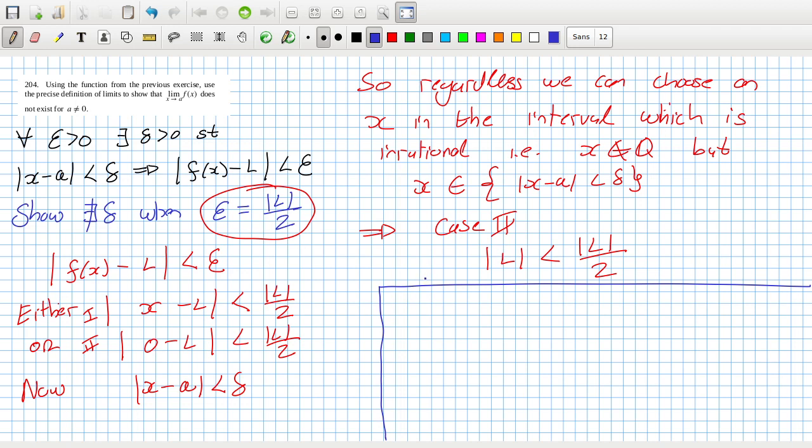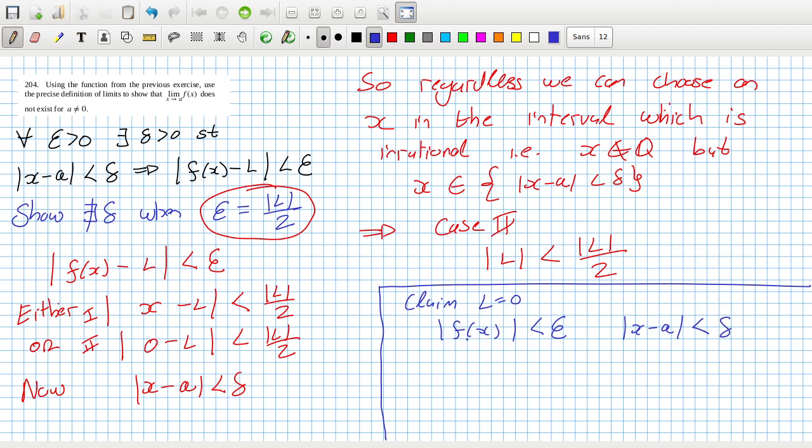That might be a special situation, just to show that it doesn't work if it's 0. If someone was claiming that L was 0, then you would have |f(x)| less than epsilon and |x - a| less than delta.